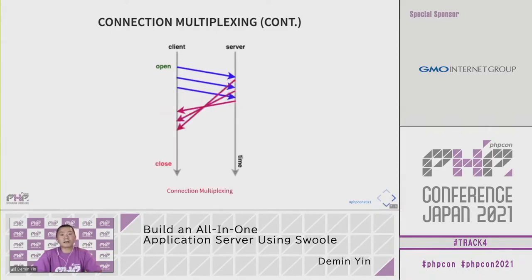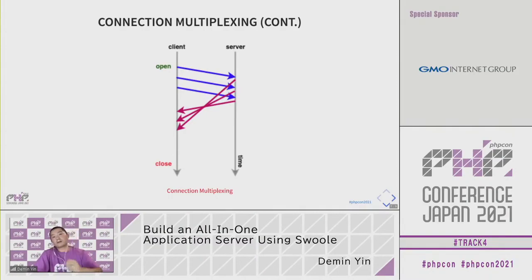As you can see, like this. We send a request to the server side and send another request, and we don't have to wait for one request to finish before accepting another response back.